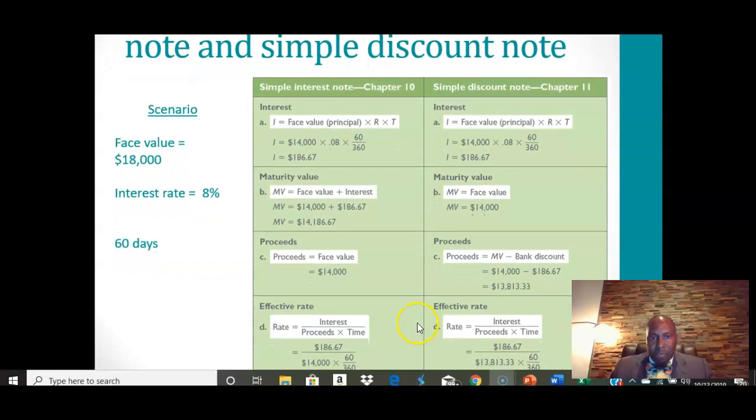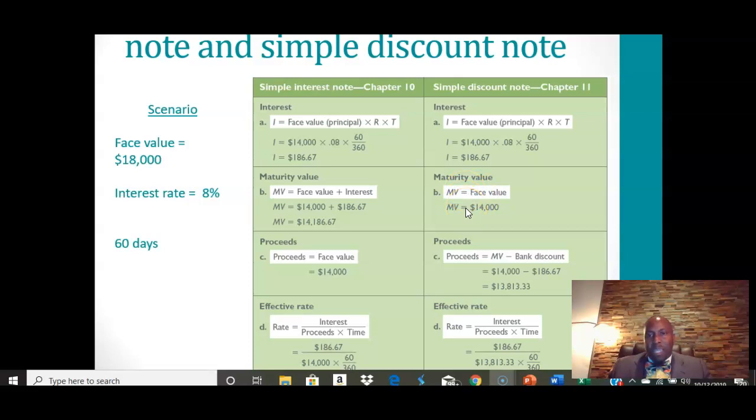Now the maturity value is going to be different, because on a simple interest note, the maturity value is the face value plus the interest. On a simple discount note, the face value will be the same as the maturity value.